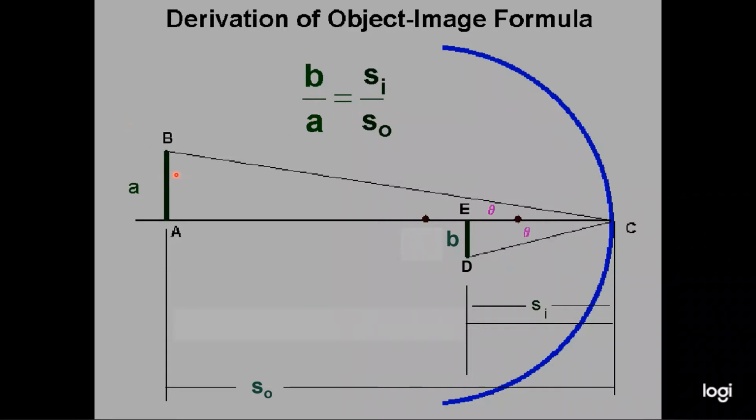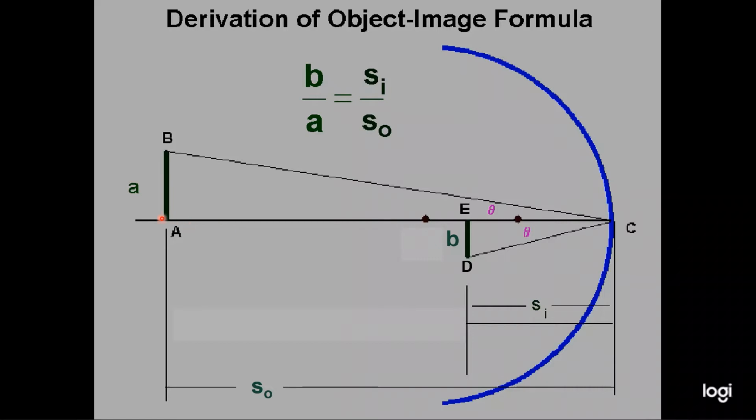Here's the object. The object height is A for the time being, and the image height we'll call B. You'll see different names for the object height and the image height. It's not standard. In fact, neither is the image distance and the object distance standardized either. But let's go with what we have here.